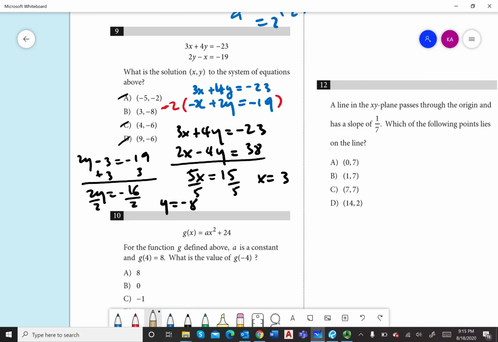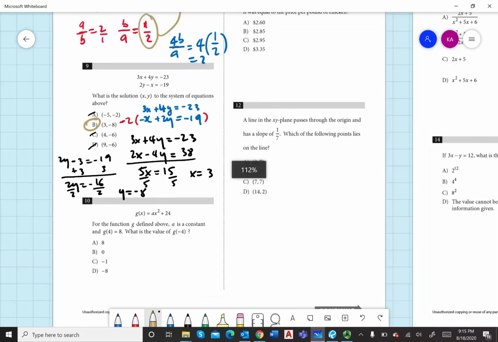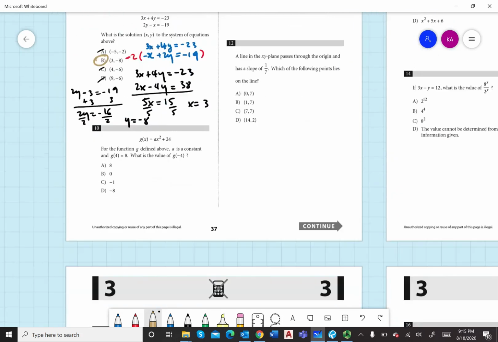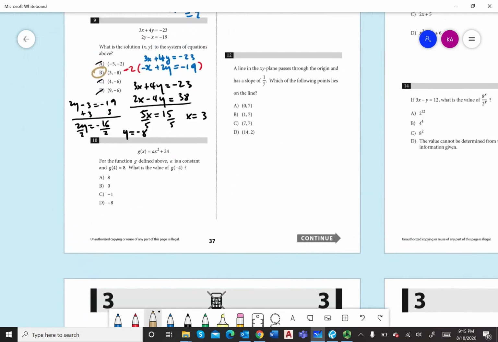So I was right that the answer is B. You want to do that last step just to be sure of yourself. It takes you 10 more seconds, unless you're at the end of the time period and you really have no time to check.